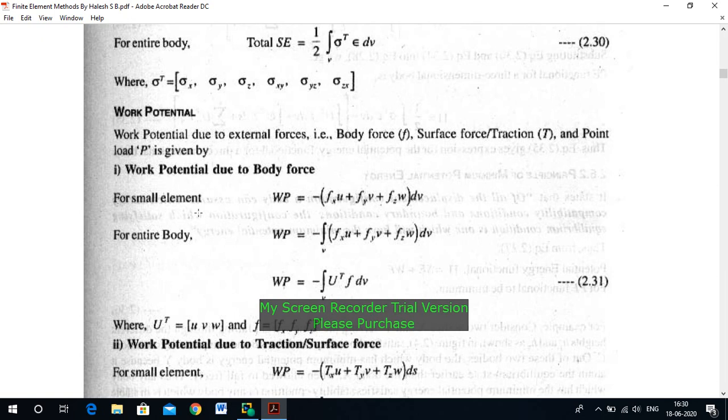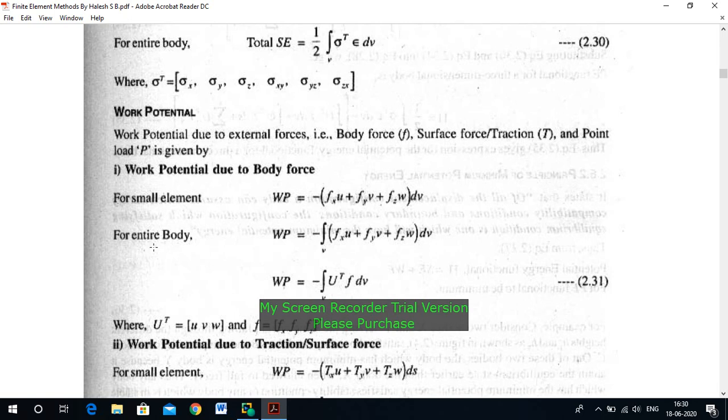For a small element of the 3D elastic body, the work potential is force into displacement in x direction, Fx into U, plus the body force in y direction, Fy into V, plus Fz in the z direction, Fz into W, into dV. This is for a small element.